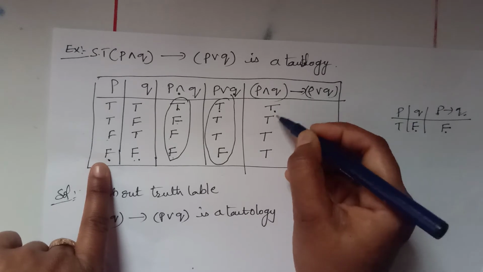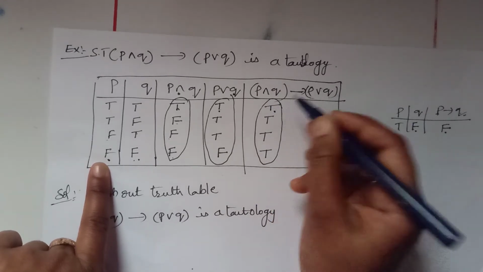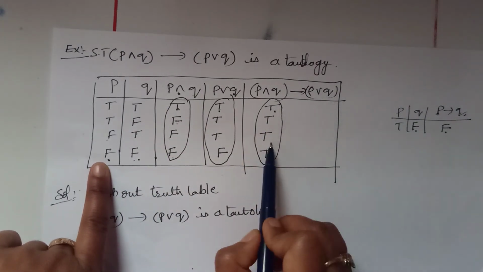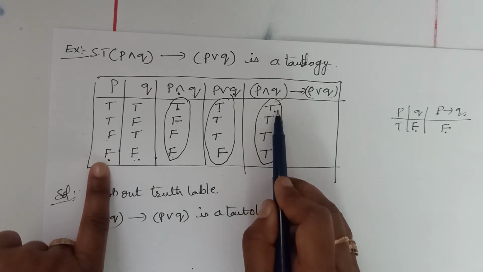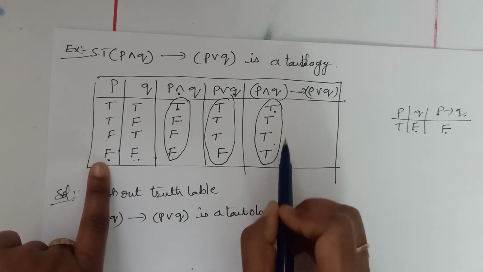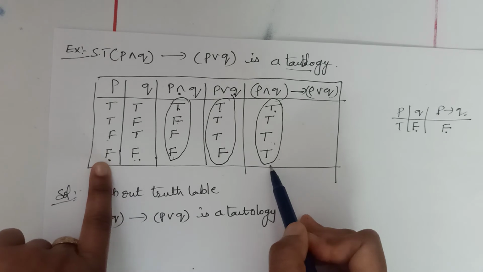Therefore we got these truth values. Now look at the last column of this truth table. Each and every truth value of this statement formula is true. Therefore it is a tautology.